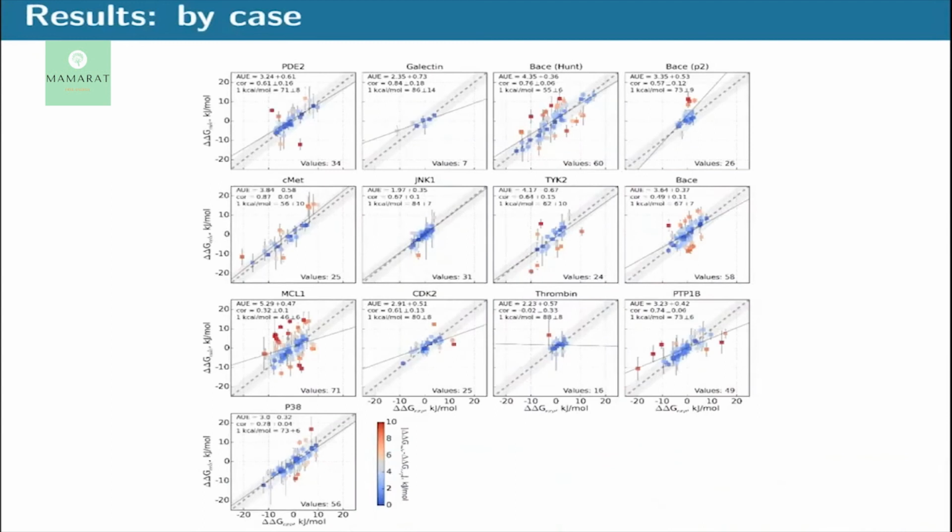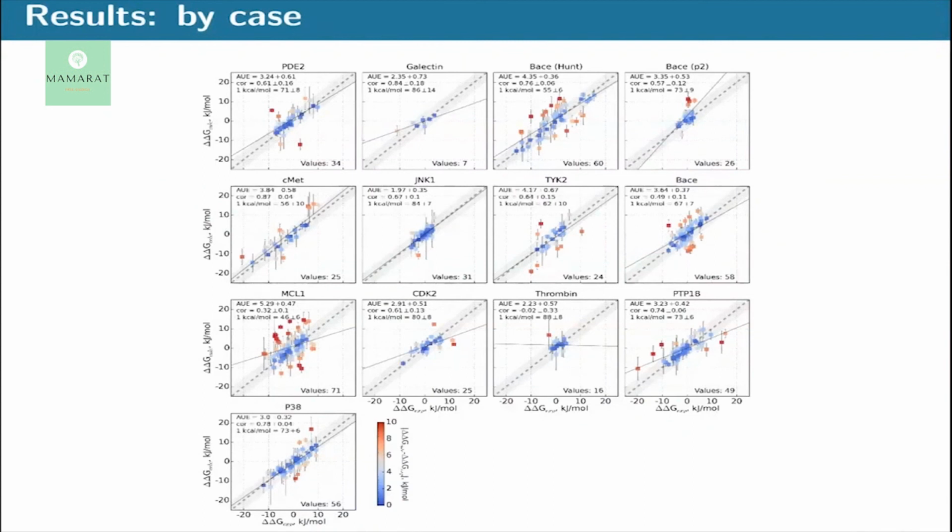Now, the performance of calculations strongly depends on the system that is being explored. Here I have now broken down all these results by system. On the x-axis, in each of these plots, is the experimental value, and on the y-axis is the calculated delta G value.